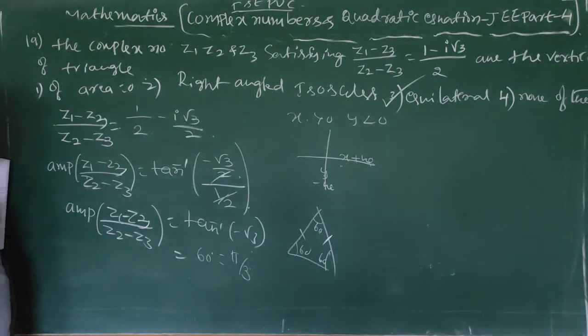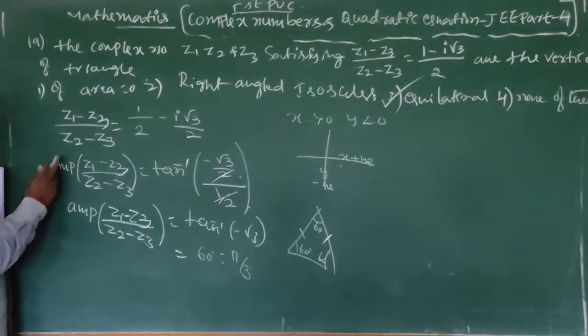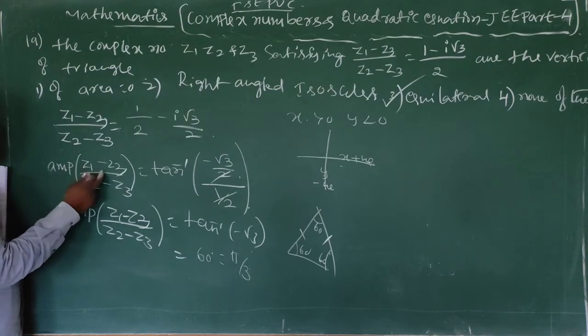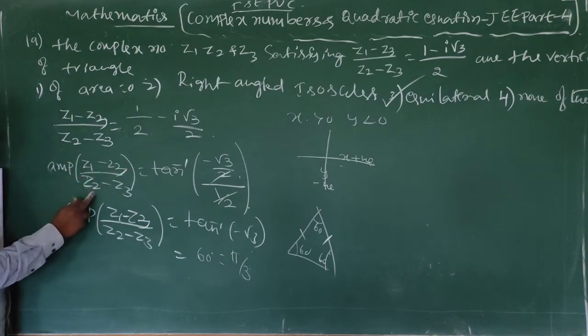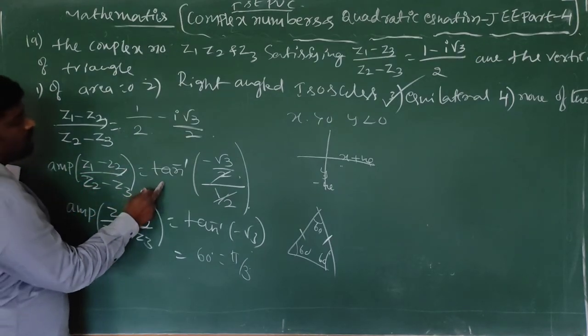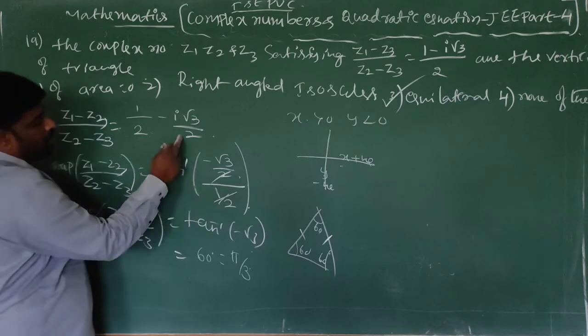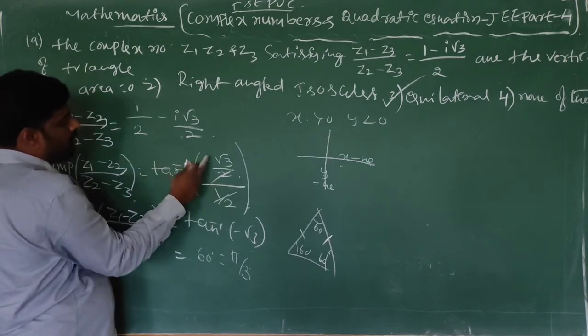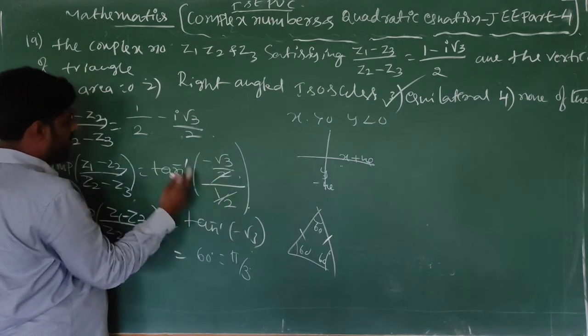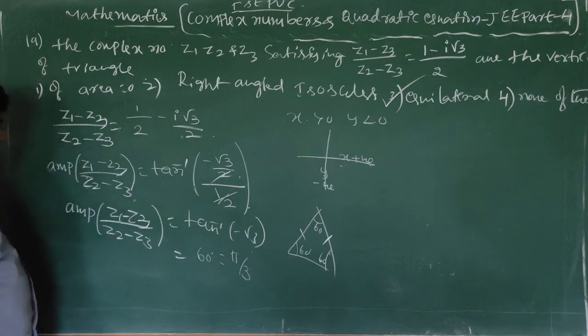Then I will take the amplitude of this one. Amplitude of (z1 minus z3) divided by (z2 minus z3) equals tan inverse of b by a. B is minus root 3 by 2 divided by 1 by 2.